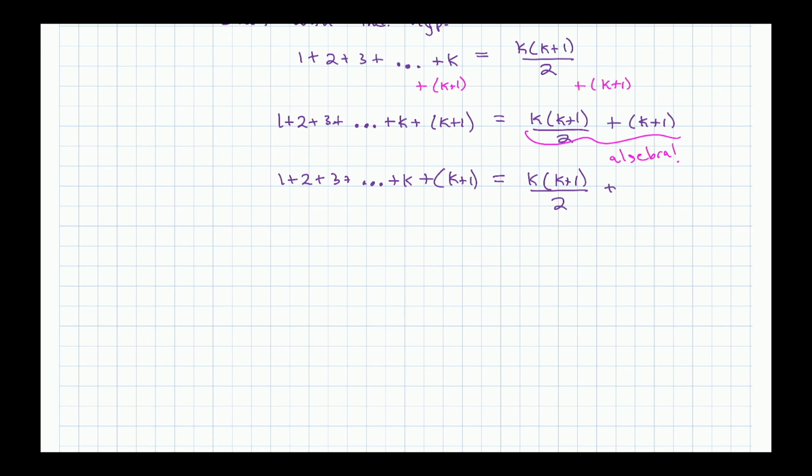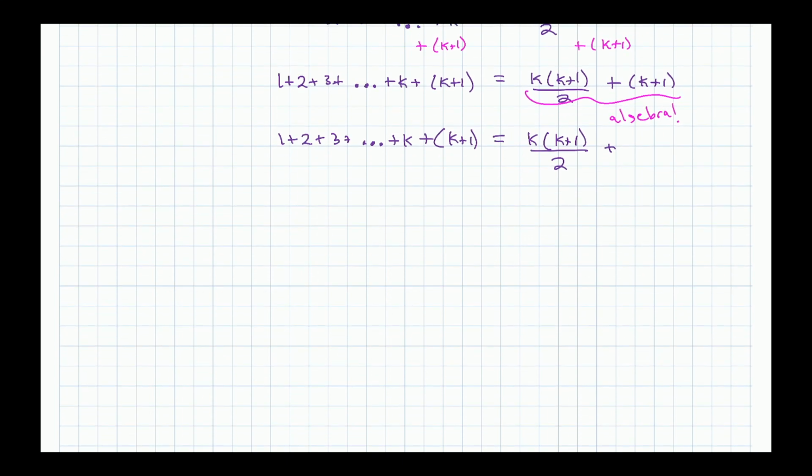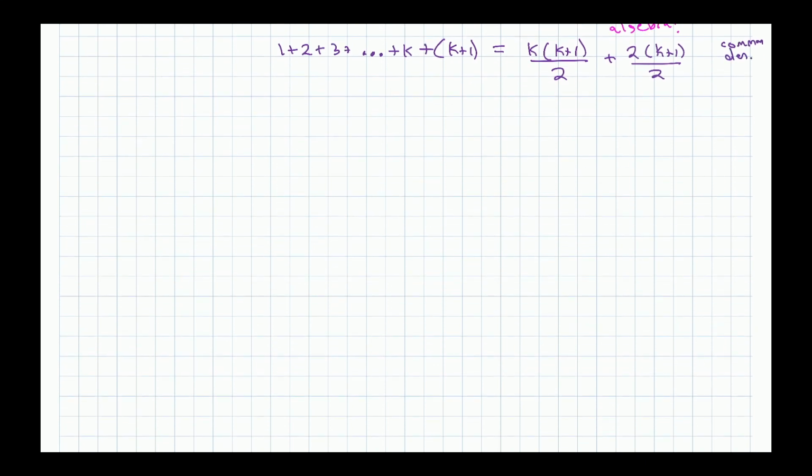If I want to add it to this other one, I should make it 2 times k plus 1 over 2, right? Common denominator. And now that I have a common denominator, I can add those fractions together. 1 plus 2 plus, I should copy paste that. That would be easier.